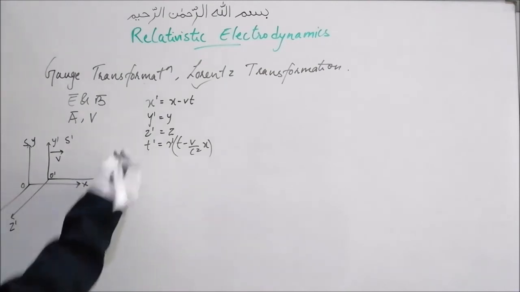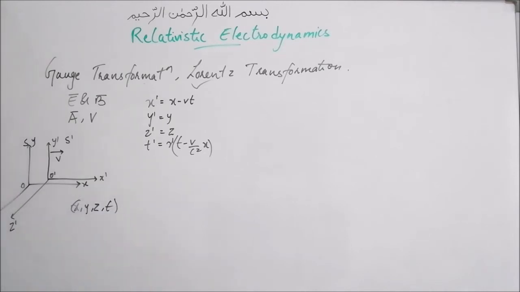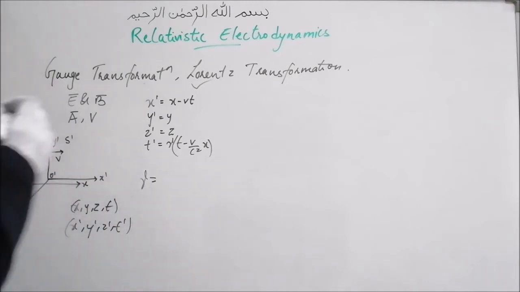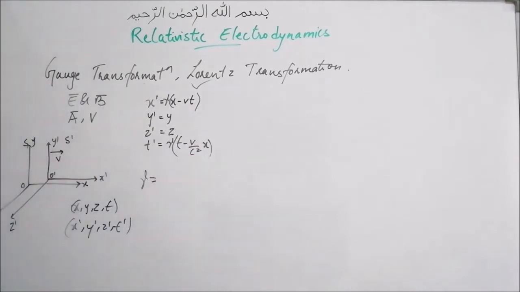Then x, y, z and t are the coordinates of some event in the inertial frame S, and x', y', z' and t' are the coordinates of that same event in the other inertial frame S'. These are the equations of the Lorentz transformation, with a gamma: x' = gamma(x - vt), y' = y, z' = z, t' = gamma(t - (v/c²)x).